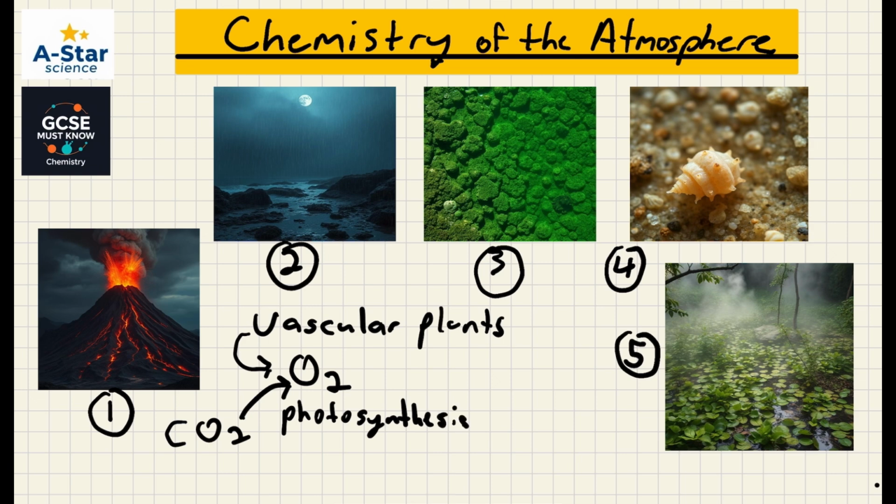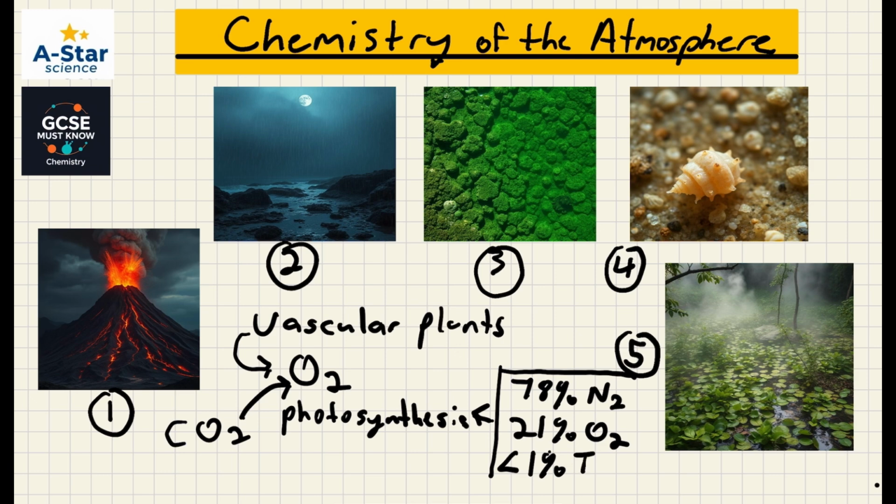So the carbon dioxide will go down, the oxygen levels would start to go up, and that would eventually form the atmosphere that we have today, which we can remind ourselves is 78% nitrogen gas, 21% oxygen gas, which was formed from the photosynthesis of plants, and still is formed from the photosynthesis of plants, and less than 1% trace gases like argon and carbon dioxide.